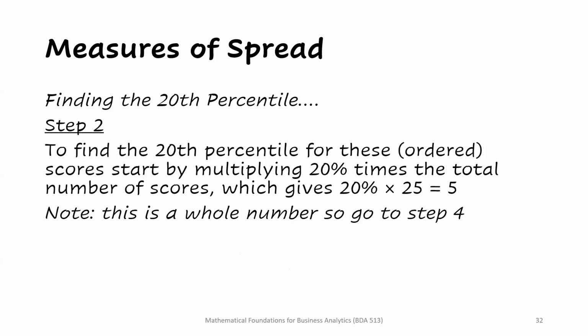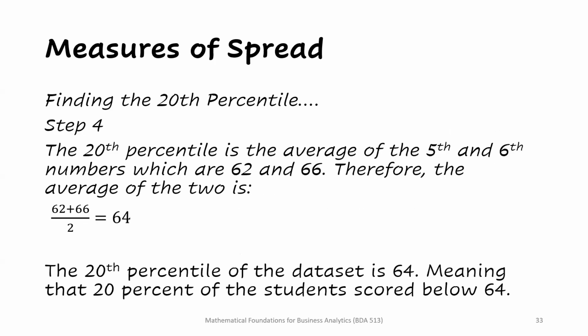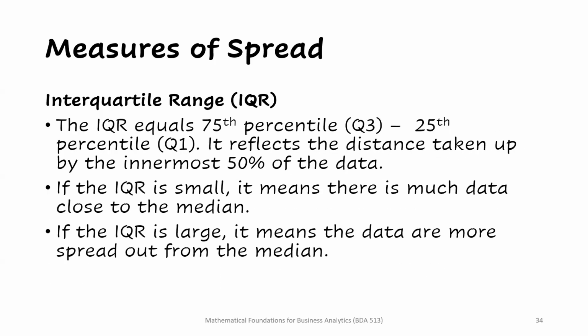Okay, from there, let's look at the interquartile range. The interquartile range equals the 75th percentile minus the 25th percentile. So here we are looking at the space taken up by the innermost 50% of the data.